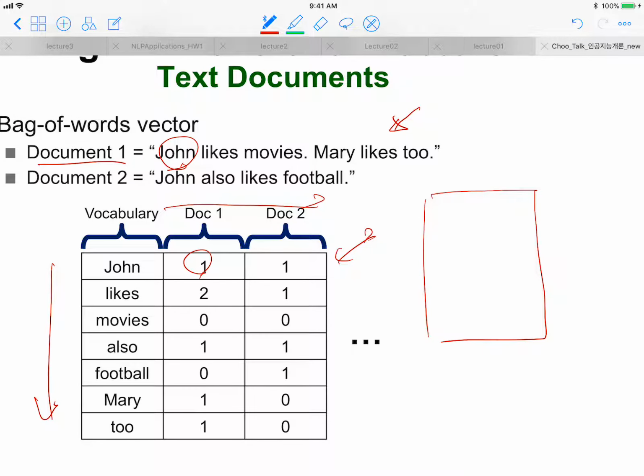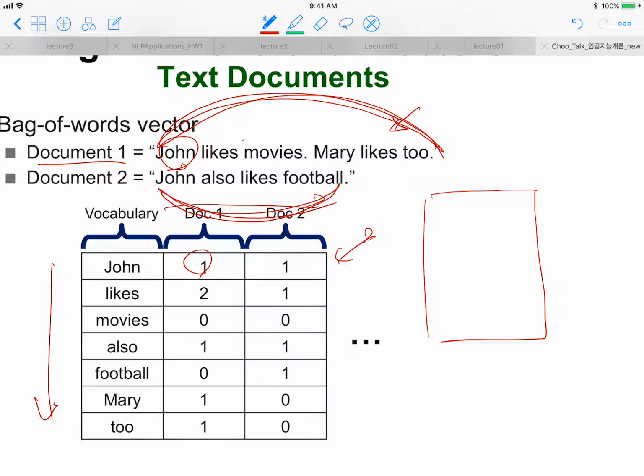This is our document, and if we imagine the window that we applied here, we considered our window as this guy for the first document, and for the second document, it is our new window.